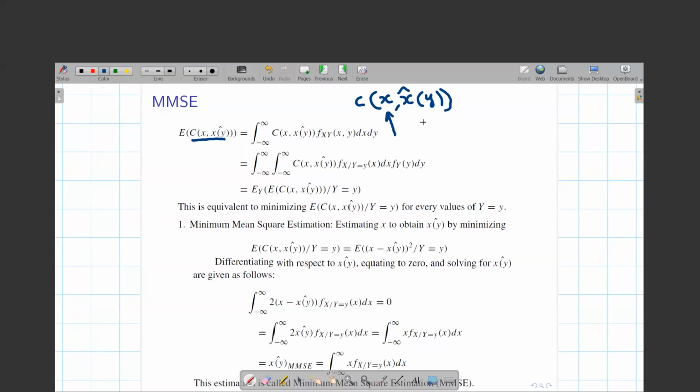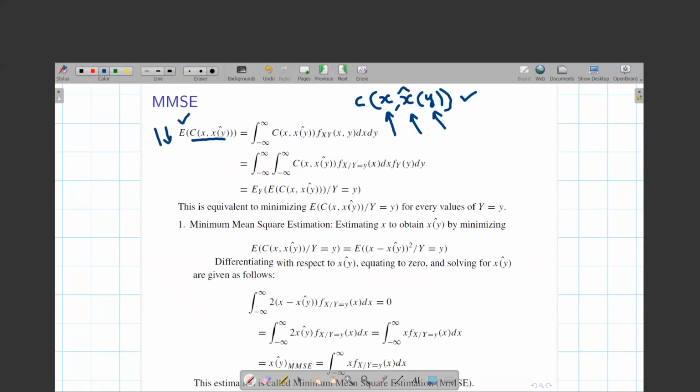So you have some cost function associated with that, and what you are supposed to minimize is its average. You need to minimize the expectation of the cost, C of x comma x cap of y. You need to find out how this can be minimized. That is the problem statement.